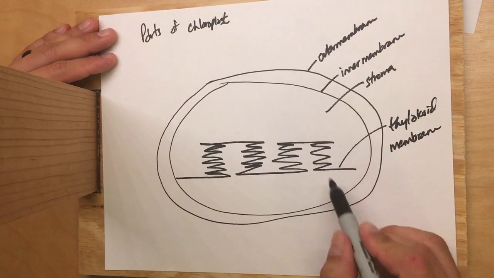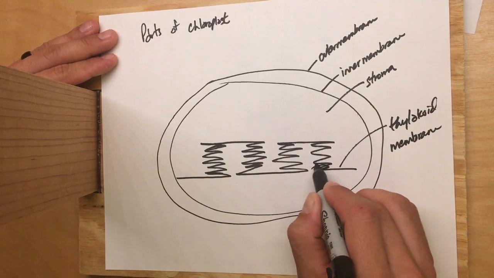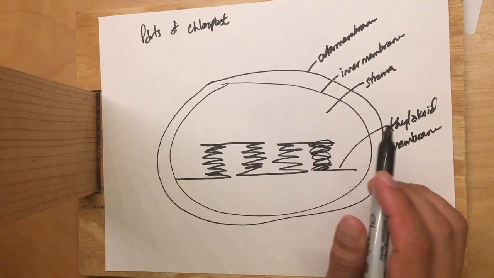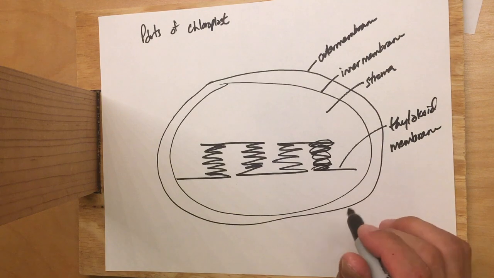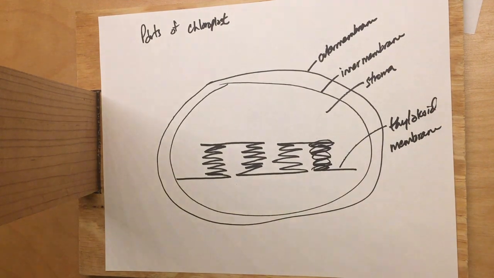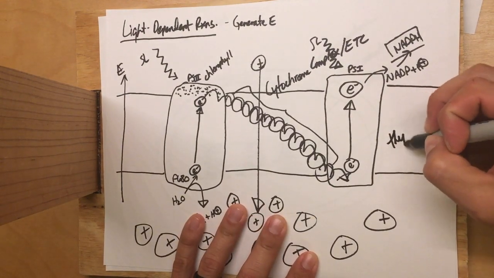And this thylakoid membrane, I drew little squiggles, but really this is like little hockey pucks. Imagine a stack of pancakes or a stack of hockey pucks all on top of one another. And so they're folded into these little packets, which means that inside of that little packet is a little empty space, a lumen.